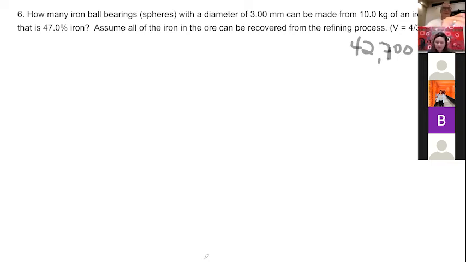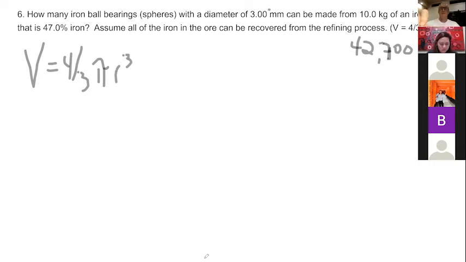So you started with the volume, right? 4/3 pi r cubed, and since the diameter is 3 millimeters, our radius is 1.5 millimeters.